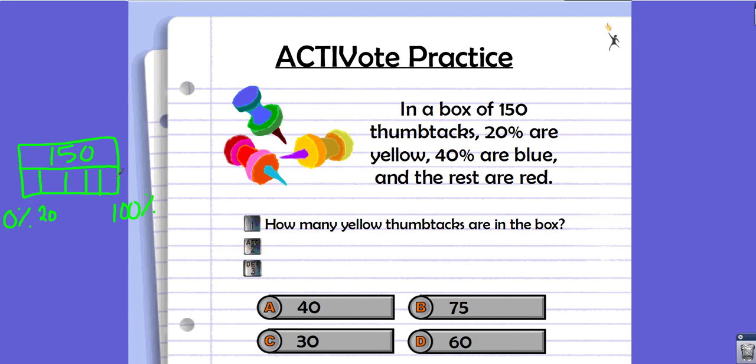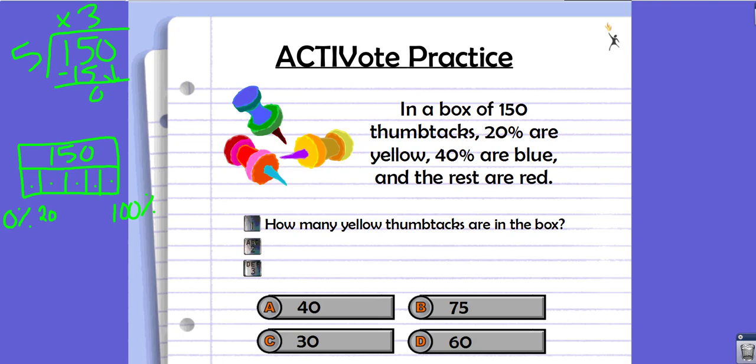So 100 can be divided by 20 5 times. So that's what I'm going to do with this 150. I'm going to divide it by 5 so I can figure out how much each one of these little sections is worth. So 1 cannot be divided by 5. 15 can be divided by 5 3 times.